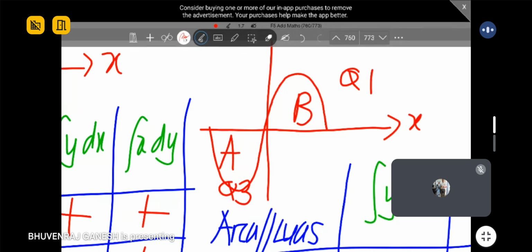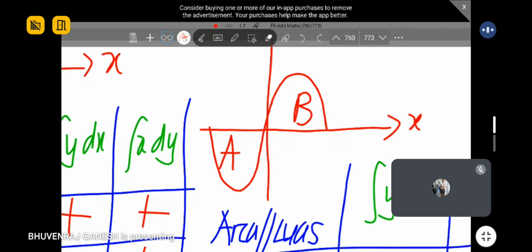Tak kira kamu kamir terhadap paksi X ataupun paksi Y. Sebab semua had kamu kat sini negatif, semua had kat sini adalah positif. Boleh faham? So senang nak hafal. Q1 always positive, Q3 always negative for area. Tapi Q2, Q4 kamu kena lihat kamu kamir terhadap mana dulu. Baru kamu boleh tahu. Okay guys, can you get the concept?